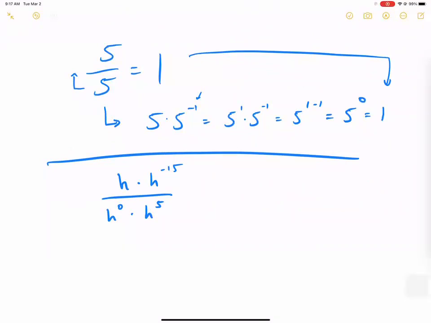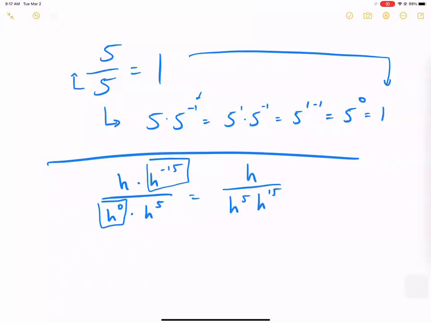Hopefully you're saying h to the 0. So what's h to the 0? We said that's just 1. Where can we put this negative 15? Does it belong on top or on bottom? It belongs on the bottom, right? So let's rewrite it as h over h to the 5th, h to the 15.